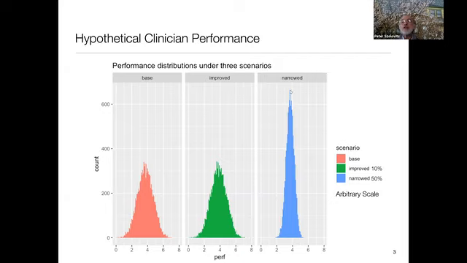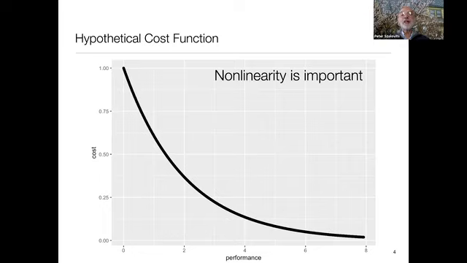Its average is still in exactly the same place, but now there are no distant outliers. So there aren't doctors who perform a lot worse, and there aren't doctors who perform a lot better either. Well, what happens in that case?